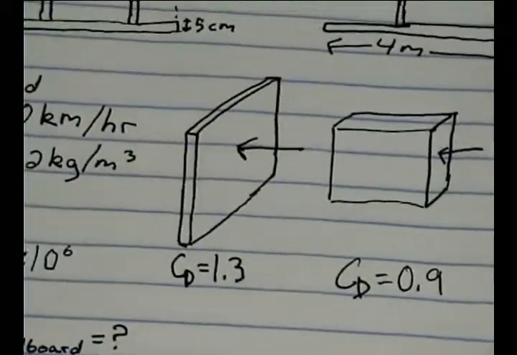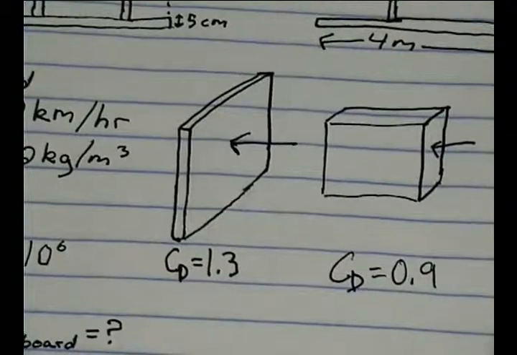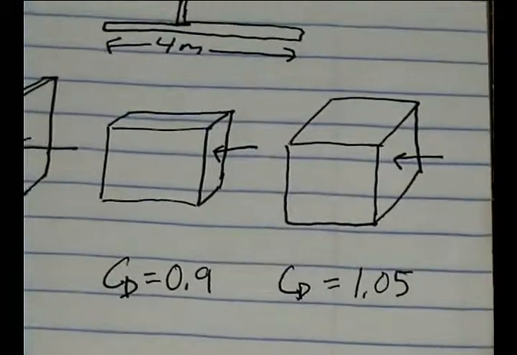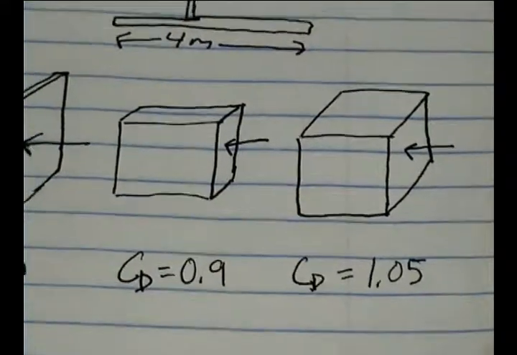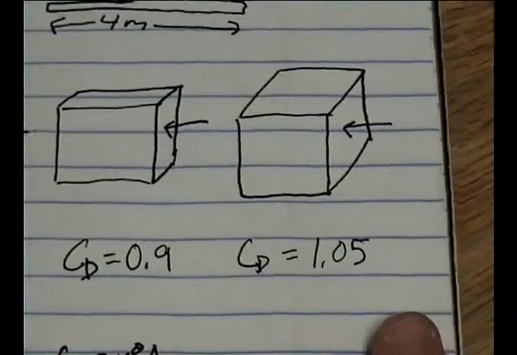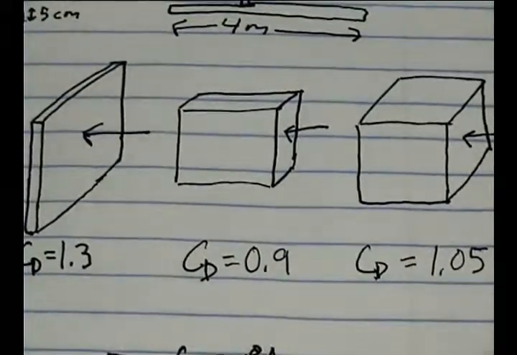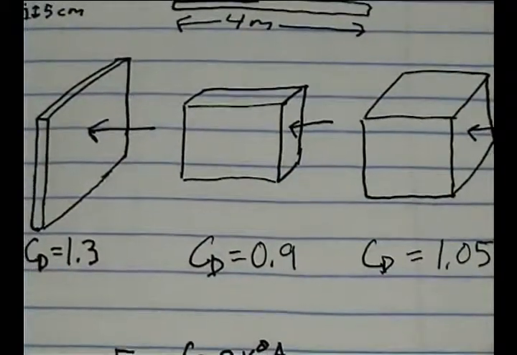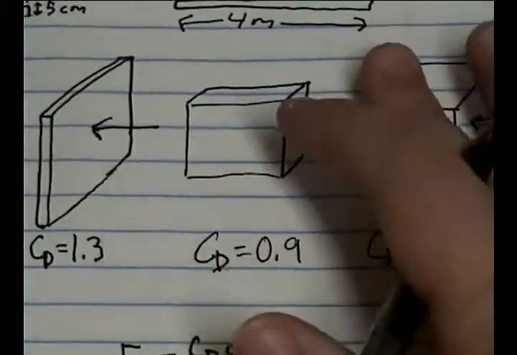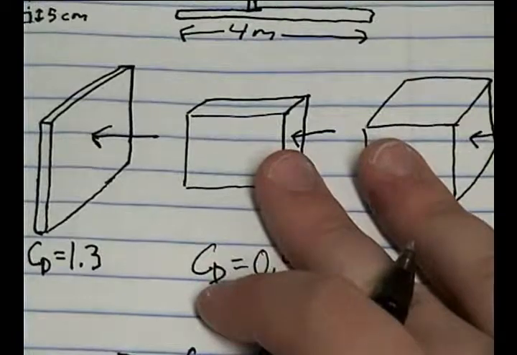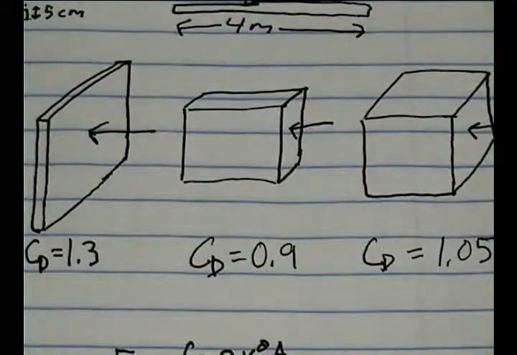Now, obviously, this is the worst coefficient of drag compared to the other two. But if you think of the other two, the second one, you're going to also have the other surface, which will have a higher coefficient of drag when it's going that way.